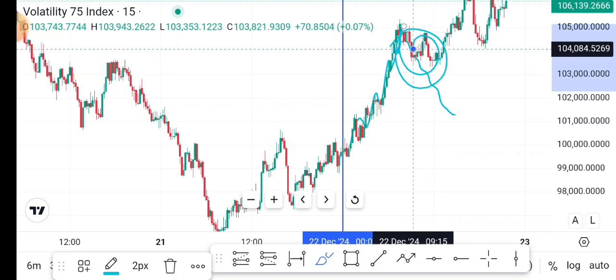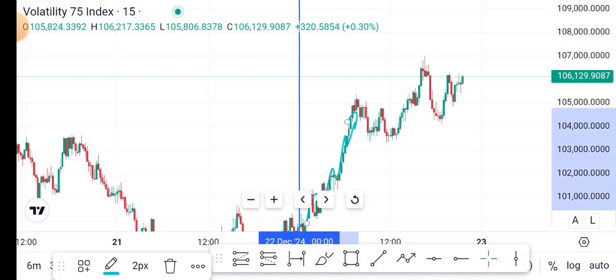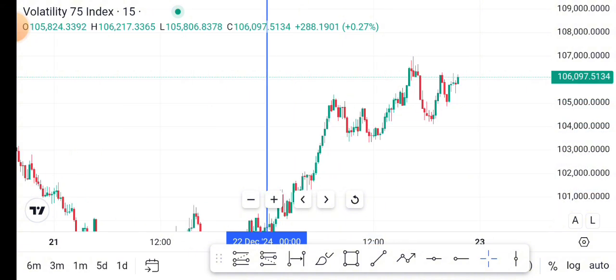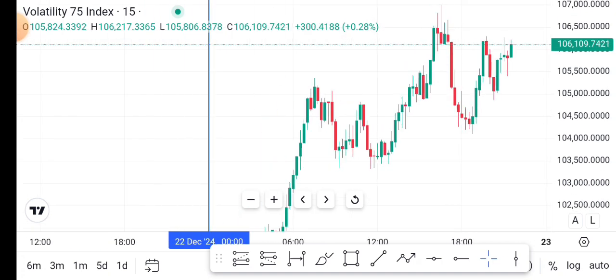If you can see very well around this region here, the market made a lower low and a lower high in minute 15. So this is what happened.